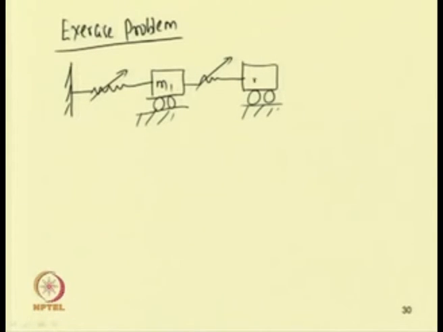This is M1, this is M2. So this K1 can be taken as K1 x1, and this is x2. So, here one can take K1 x1 plus K2 x cube.